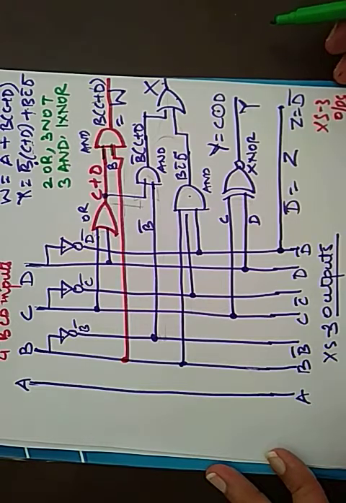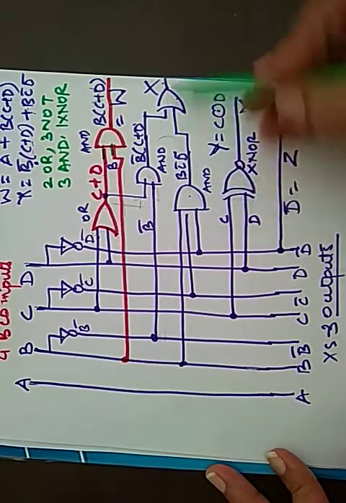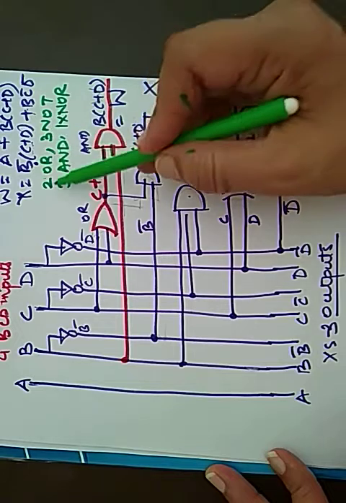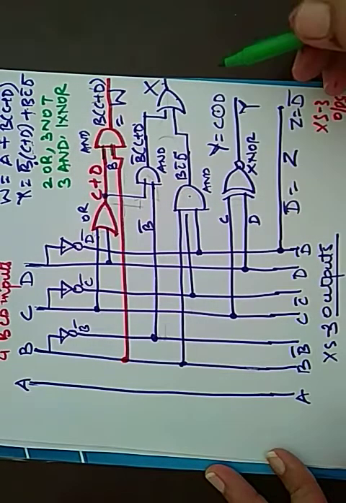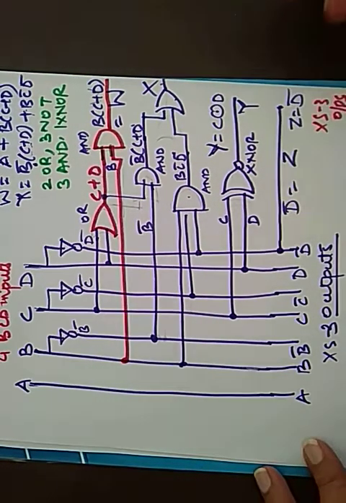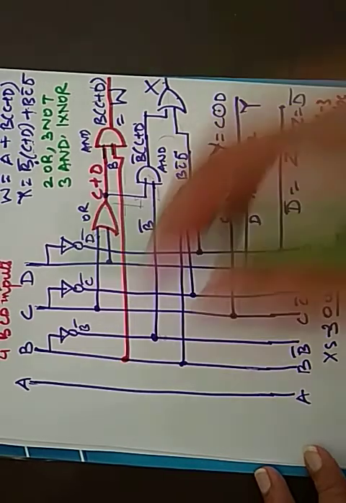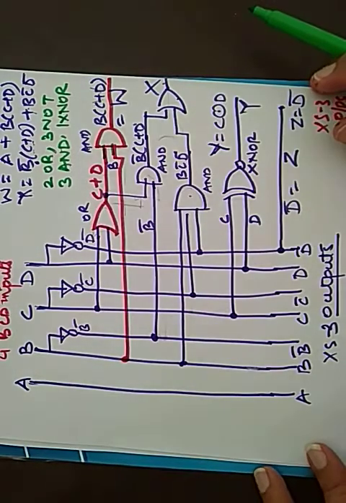So a total of 9 logic gates. So we have used 9 logic gates to build the BCD to XS3 code converter.